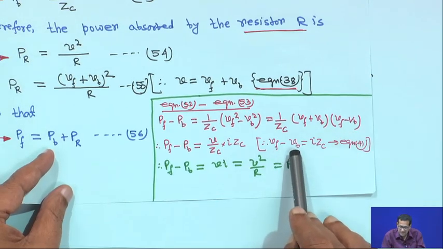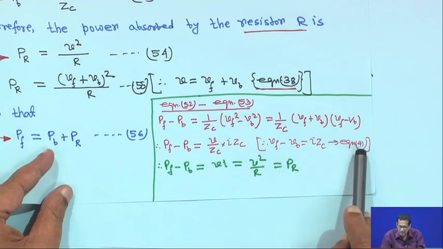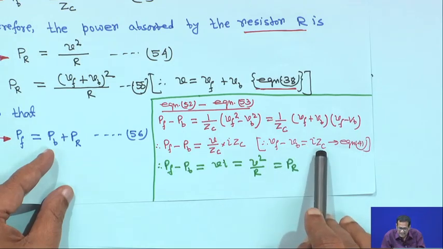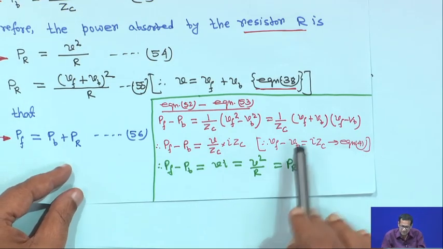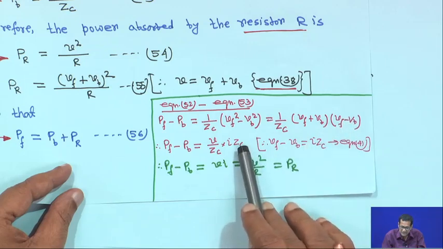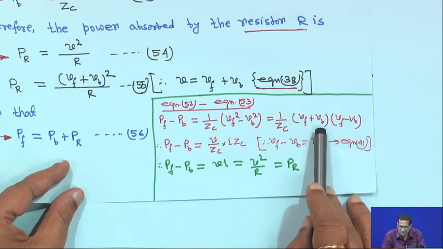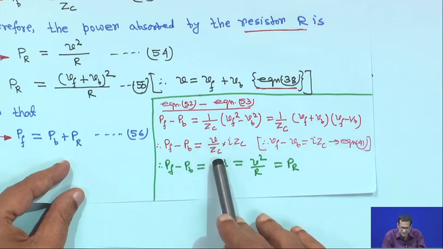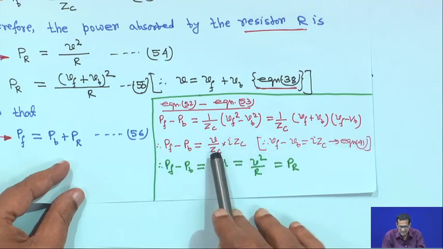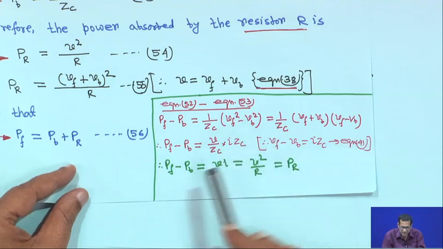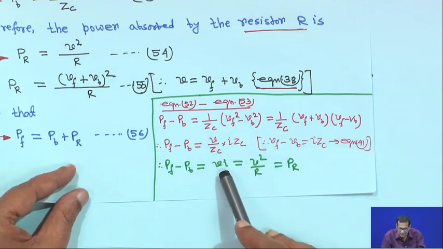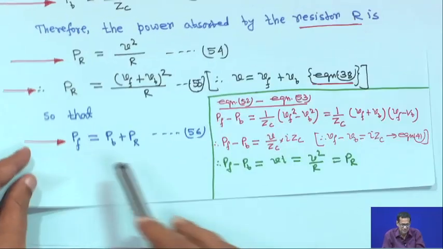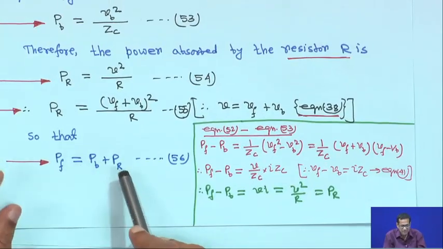Now, Vf minus Vb we have from equation 41, where we have seen that Vf minus Vb is equal to I into Zc. So, you put I into Zc, and you know that V is equal to Vf plus Vb. So, Pf minus Pb will be V by Zc into I into Zc. Zc cancels, it will be V into I, that is nothing but V square by R, which is equal to PR. That is why I am writing that Pf is equal to Pb plus PR.